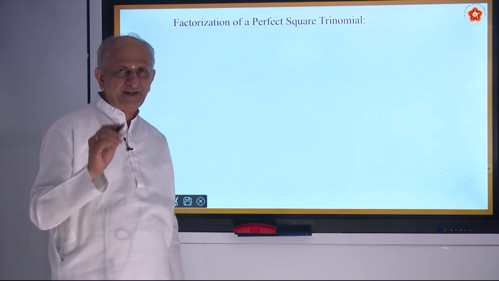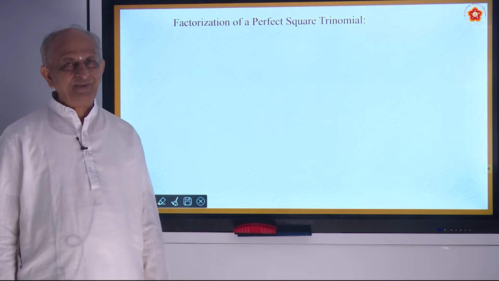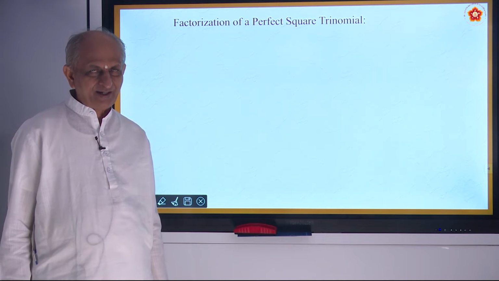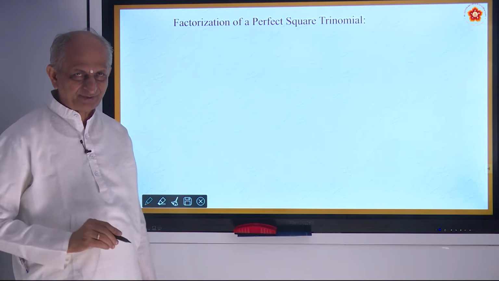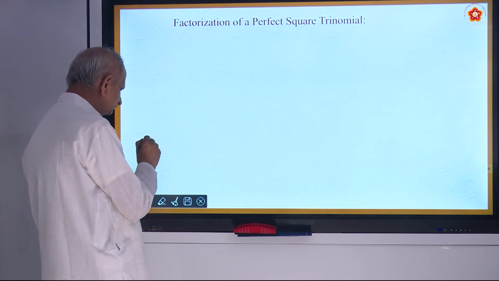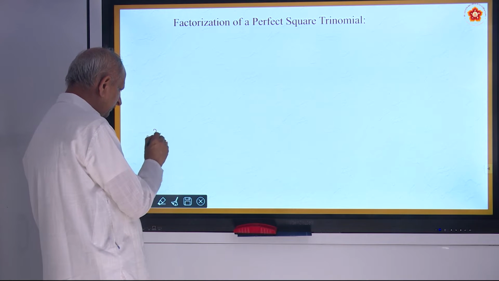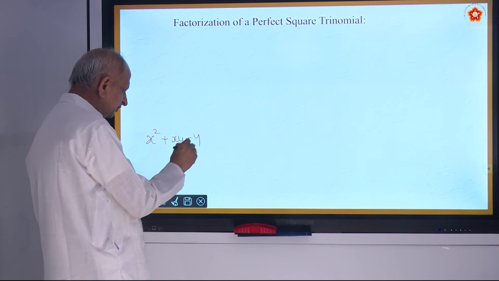Factorization of a perfect square trinomial. What is trinomial? Trinomial is an expression having three terms. It may be of the form, say, x squared plus xy plus y square. This is a trinomial.